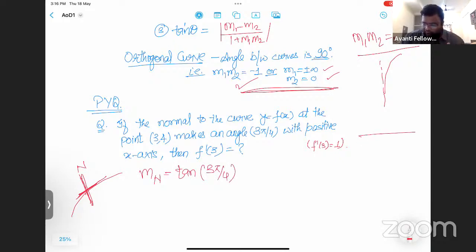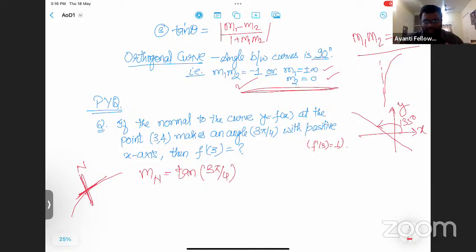Because whatever line it is, if this is the x-axis and this is the y-axis, and it is making 3 pi by 4, that is 135 degrees, this is also the slope of the line, and so the slope of the normal. That's what I said: once the slope is defined for the line, it is defined for all, from minus infinity to plus infinity.